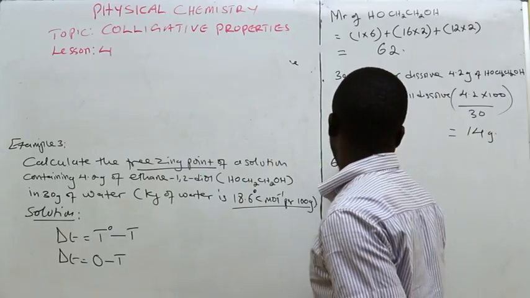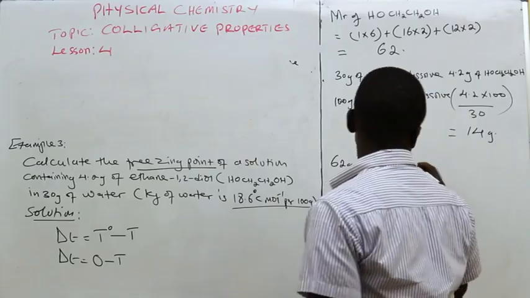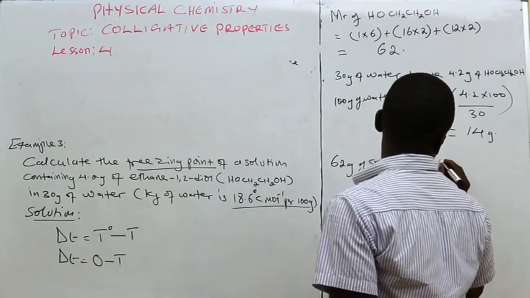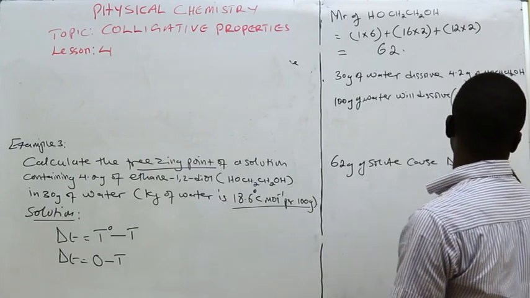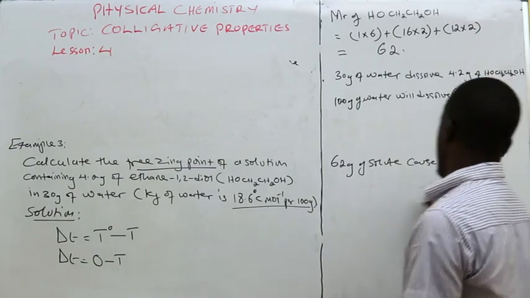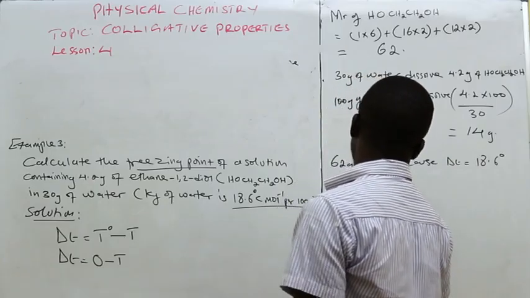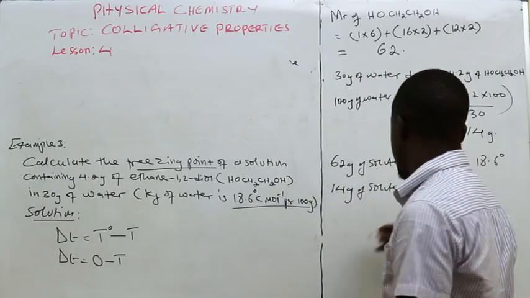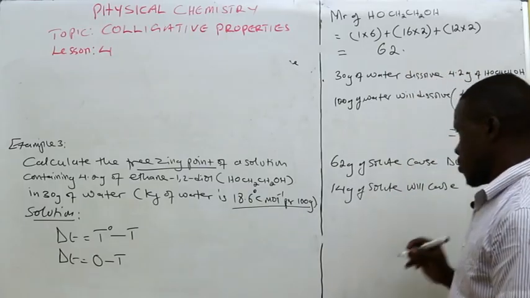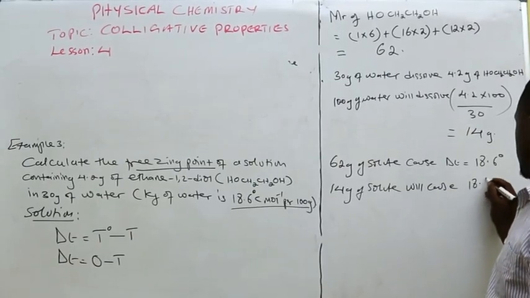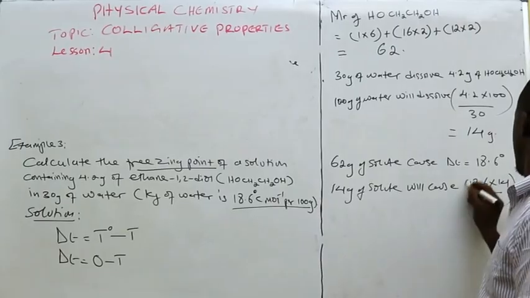So I say 62 grams of solute cause dt equal to 18.6 degrees. What about 14 grams of the solute? 14 grams of solute will cause 18.6 times 14 divided by 62.